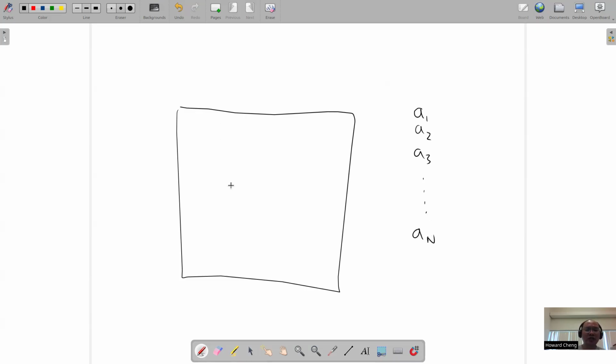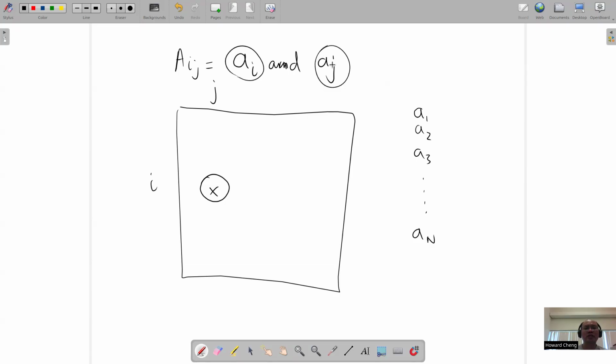And each entry in the matrix, Aij, is equal to the bitwise AND of these inputs, the numbers that you're trying to figure out, Ai and Aj, bitwise.